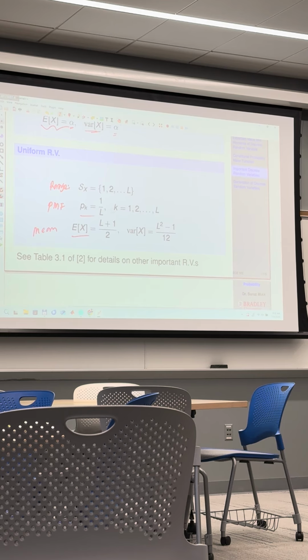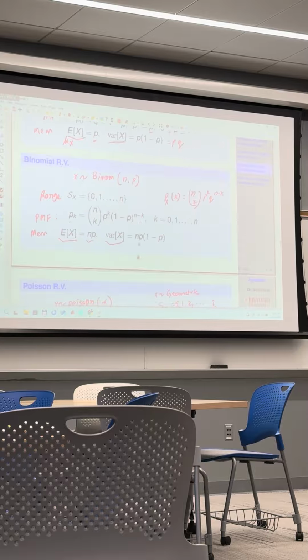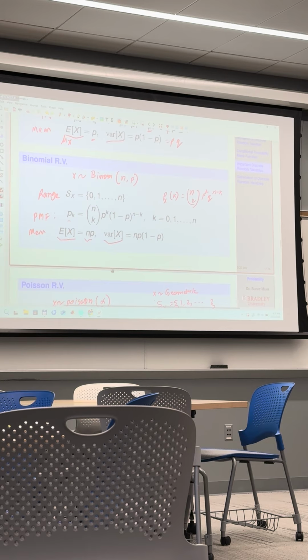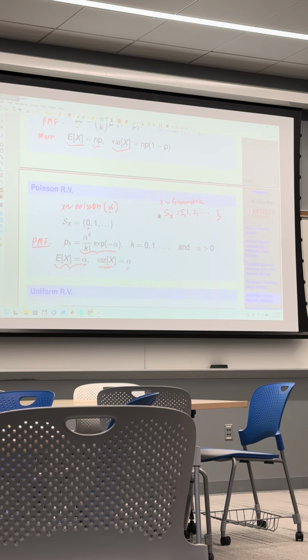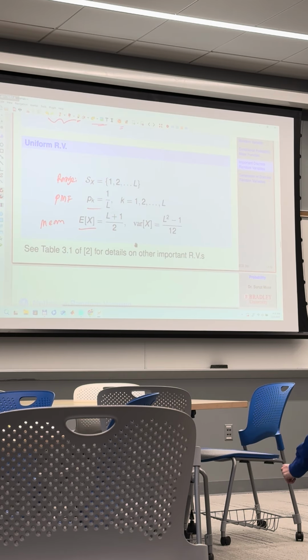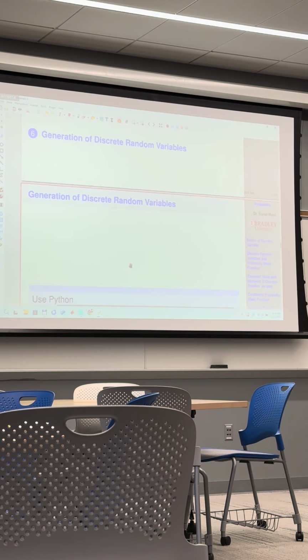In the exam, I am going to limit my questions to the binary random variable, binomial random variable, geometric random variable that I went through, Poisson random variable, and the uniform random variable. So that's all from chapter 3.